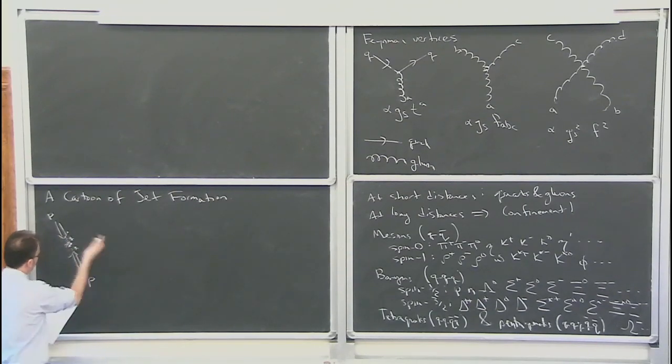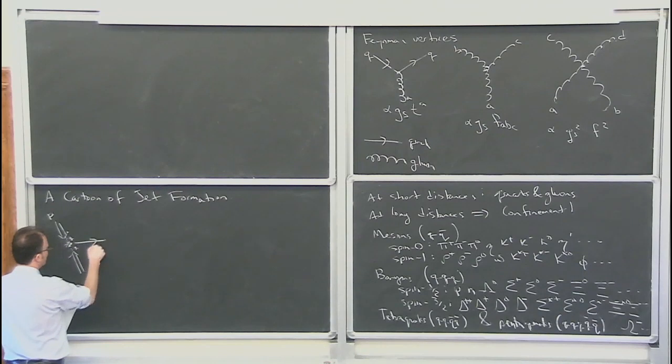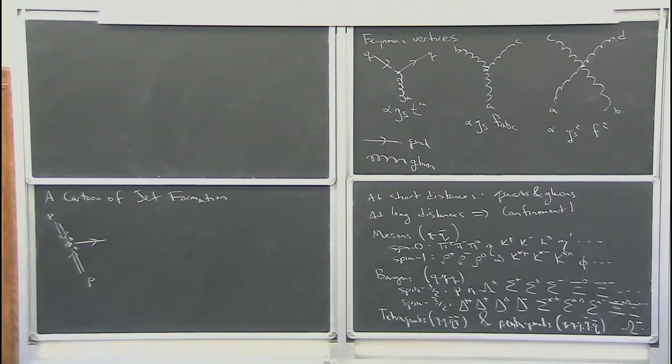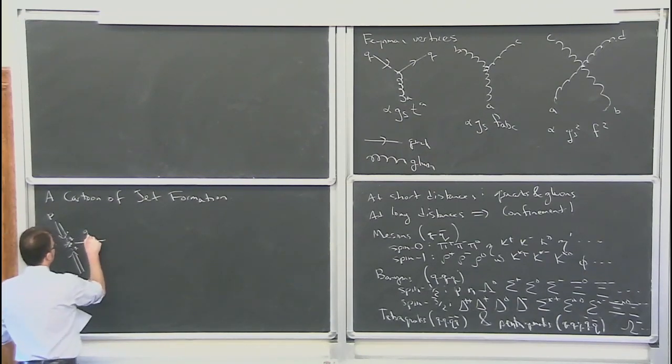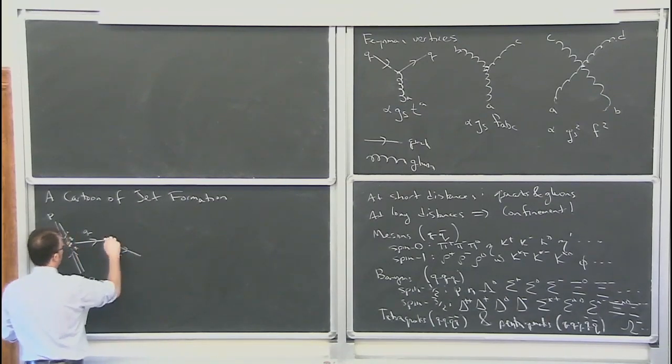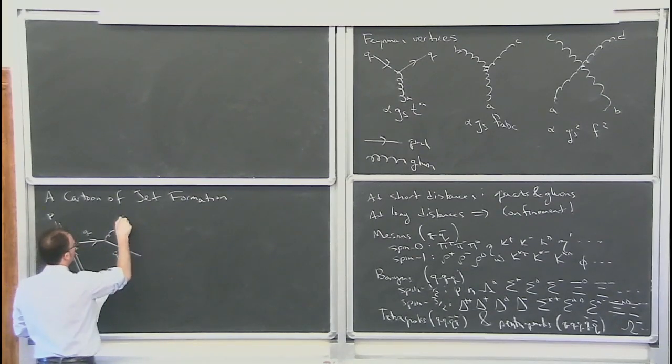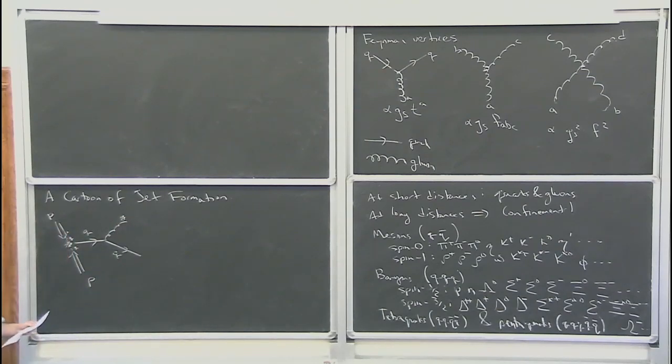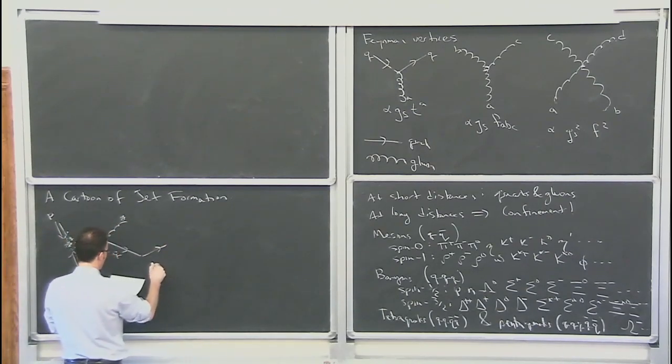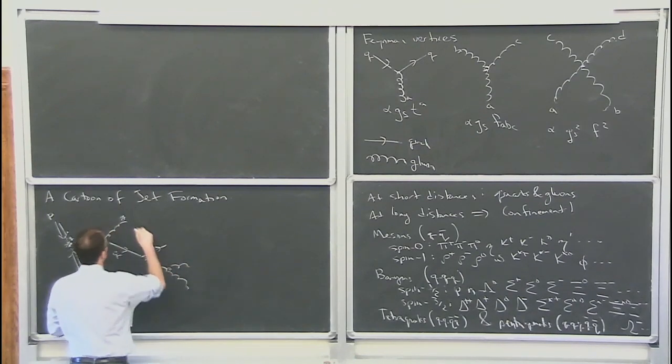That scattering process could create a bunch of things, but at short distances, let's say it makes a quark. And perturbatively, I can have that quark radiate off, let's say, a gluon. And perturbatively, I can have this quark radiate off another gluon, and maybe this gluon splits.